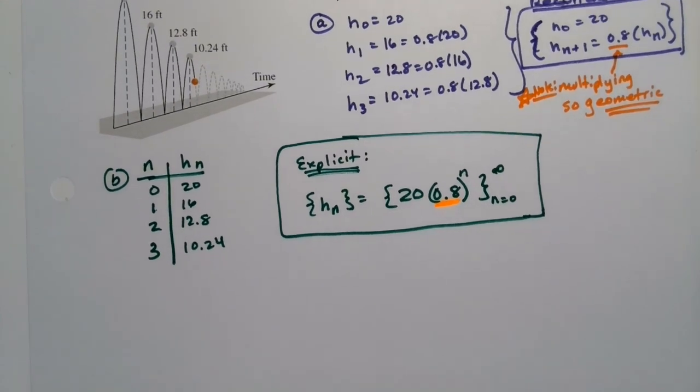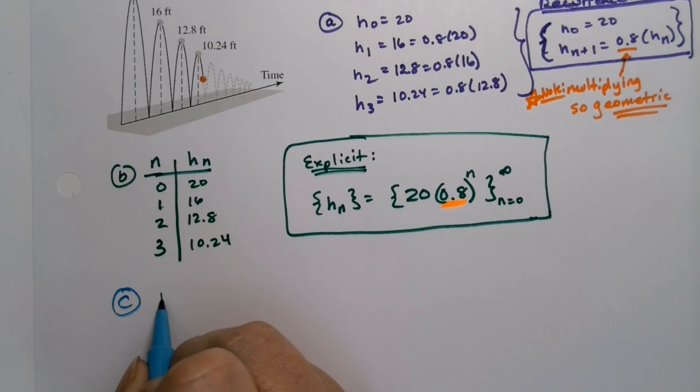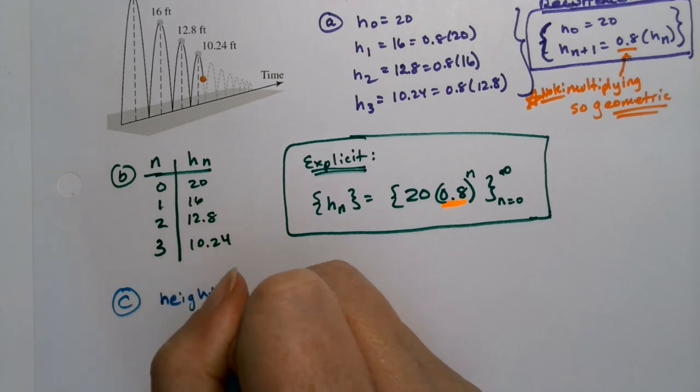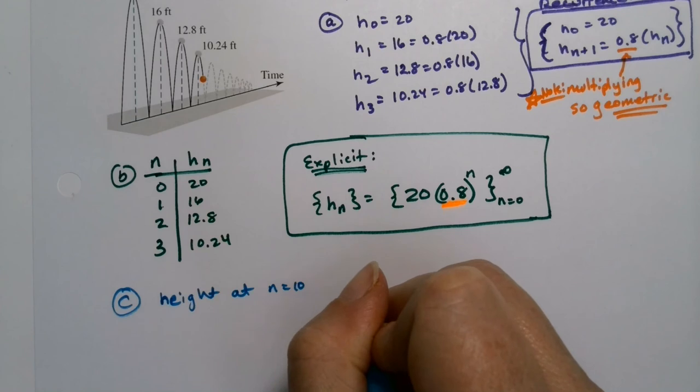All right, C. What is the height after the 10th bounce? Obviously this is way easier with the explicit formula. I can also use Desmos, but hold off on Desmos. Let's try to do this a little bit. For letter C, they want the height at n equals 10 and n equals 20.